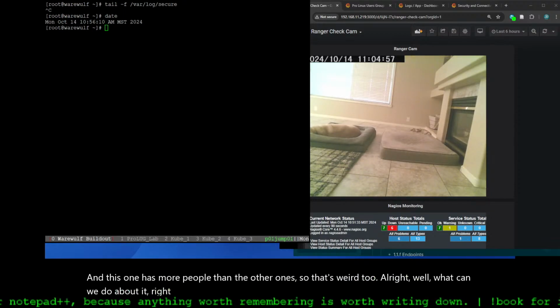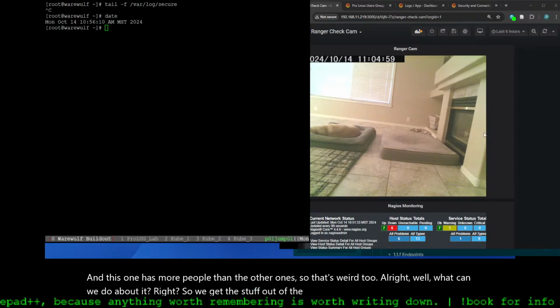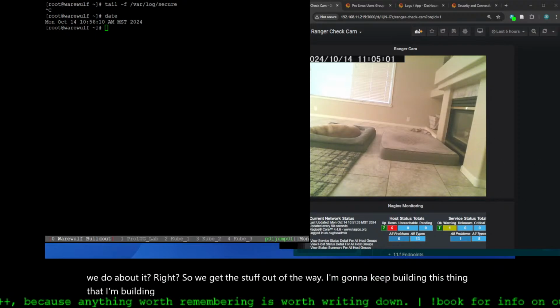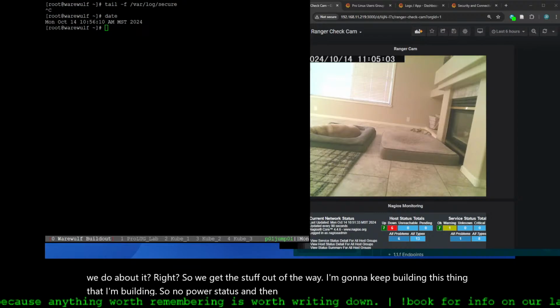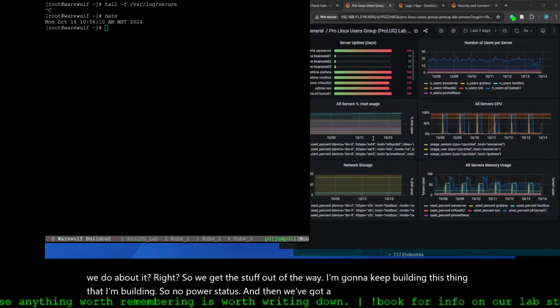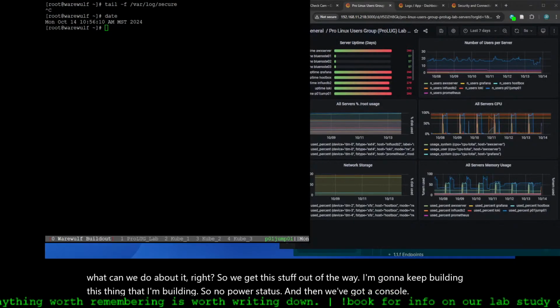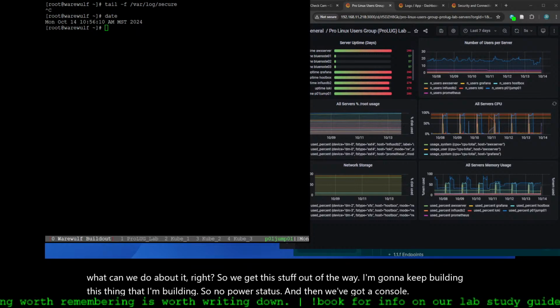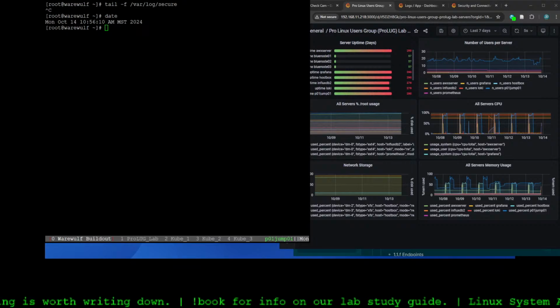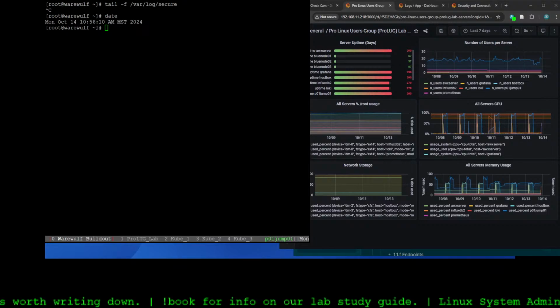So I'm going to get this stuff out of the way and keep building this thing that I'm building. So node power status, and then we've got a console to the server.